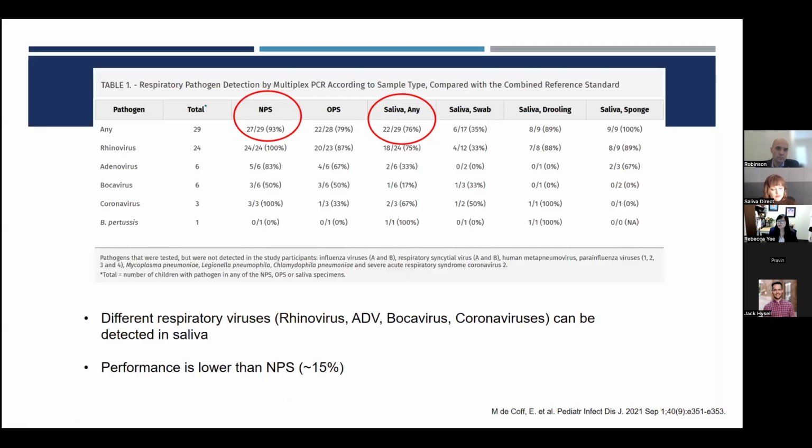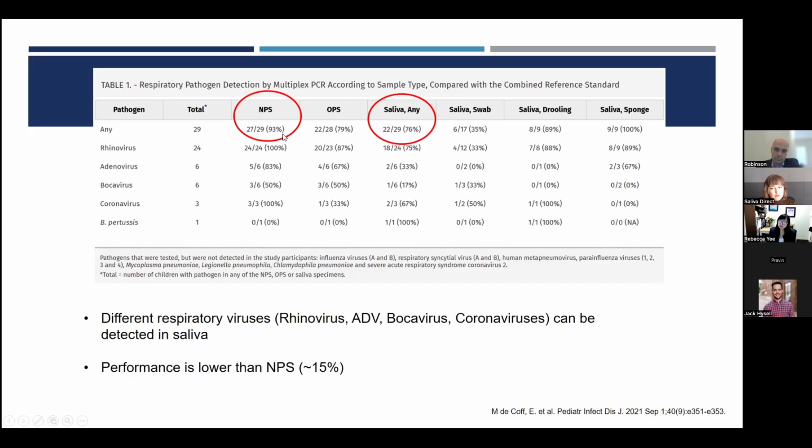Fast forward now to post-pandemic, there are more studies that have shown that you can use saliva to detect other types of respiratory viruses in addition to the ones that I just mentioned. So you have rhinovirus detection, bocavirus, as well as the seasonal coronaviruses. But once again, in this particular study, they did show that performance is still lower than NP swab. For any saliva that was tested, it was 76% compared to 93% for NP swab.